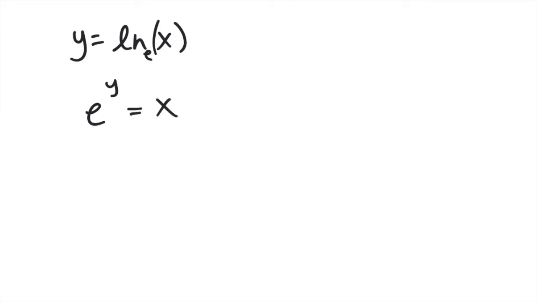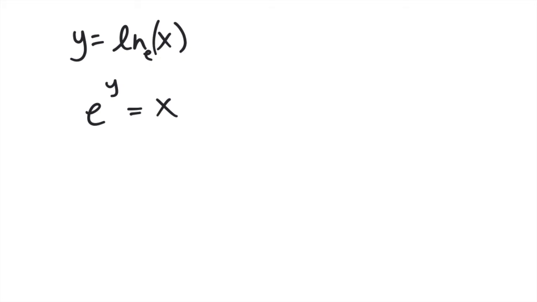So suppose you have a function y equals the natural log of x. And remember, this just means you have a base of e. So another way to rewrite this equation is to write it as e to the y equals x. We haven't looked at this yet, we don't know what the derivative of a natural log is, so we've got to bring it back to an exponential equation.